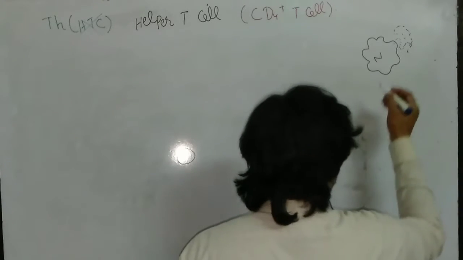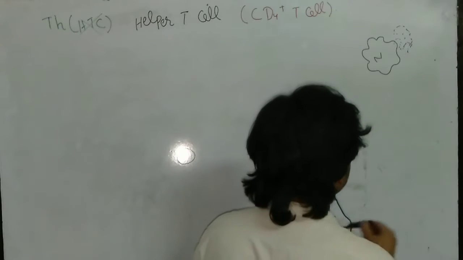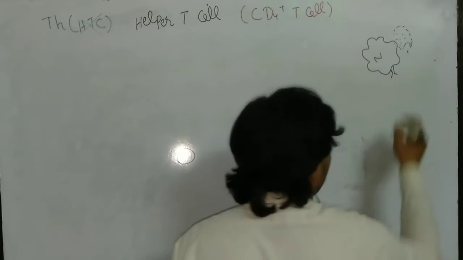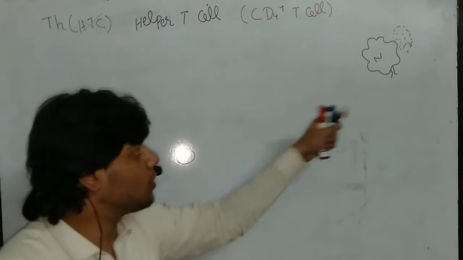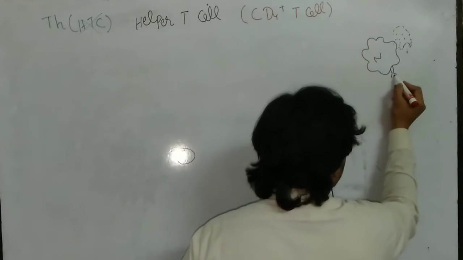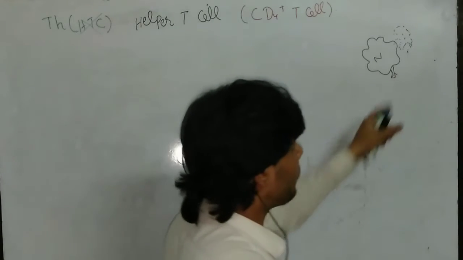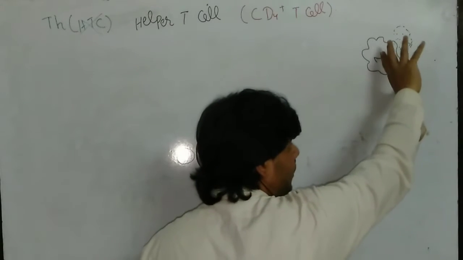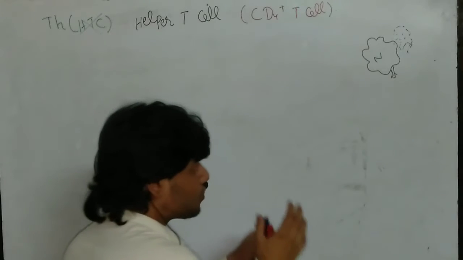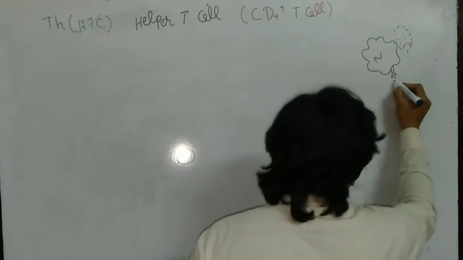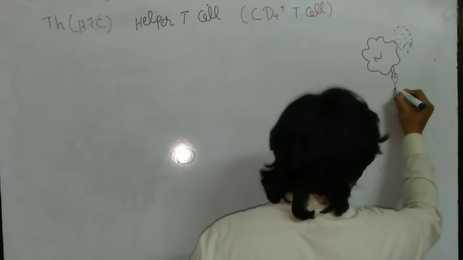Here the infected cell will present the fragment of the antigen on its receptor, as you can see. Once the cytokines are released, they will attract a helper T cell. Let's suppose this is the helper T cell.